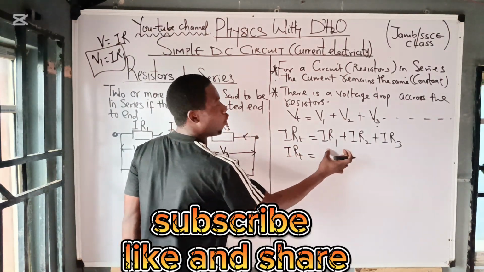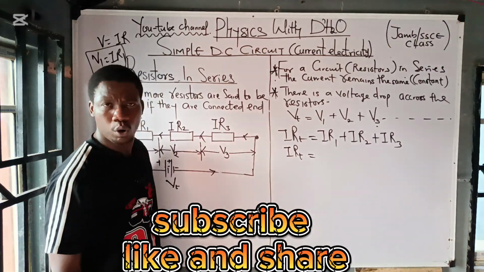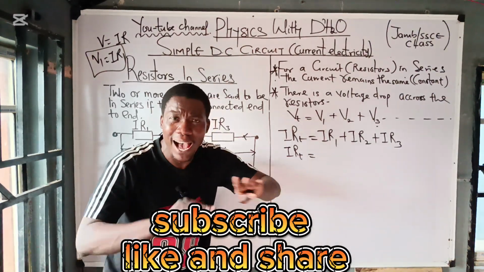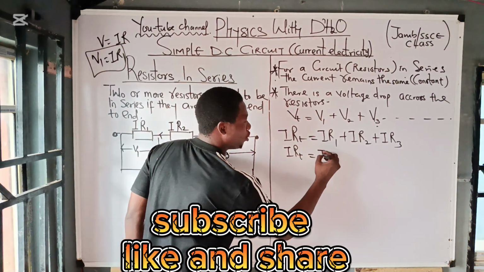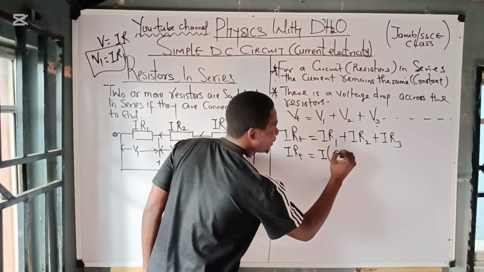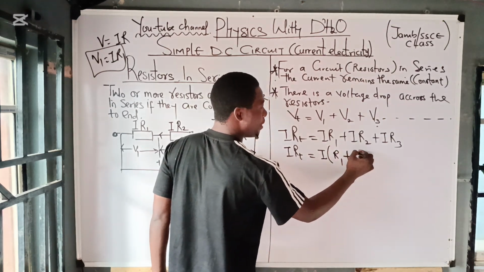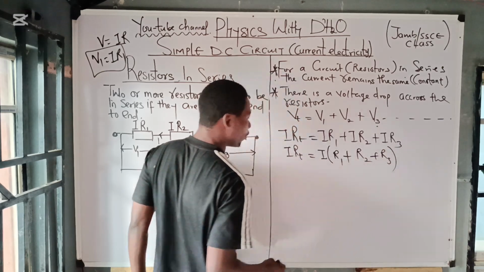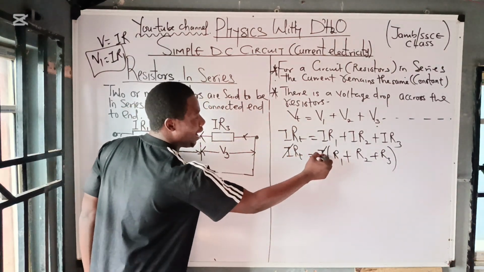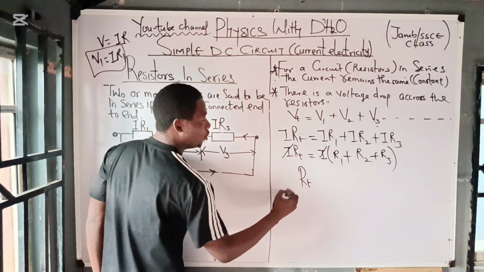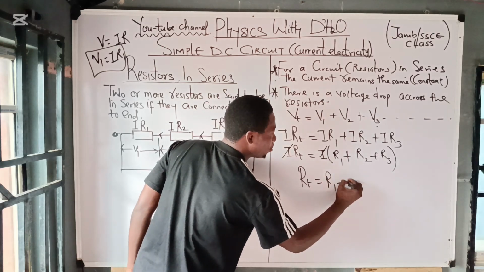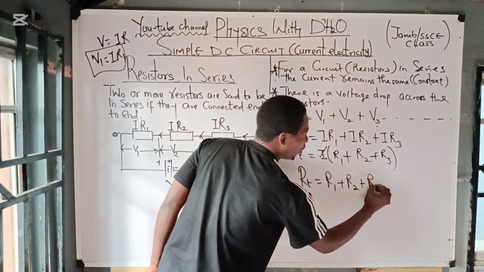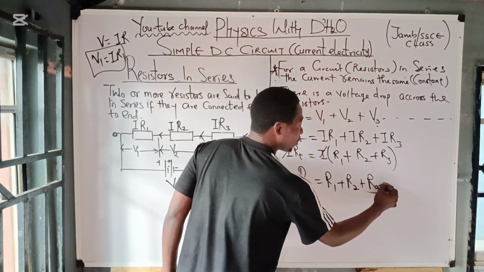What is common between all of these that you see here? I. So I is the same. Because of that, bring your I out. Here will remain R1, here R2, here R3. If you observe very well, your I can cancel your I. So R total will be equal to R1 plus R2 plus R3, as the case may be.